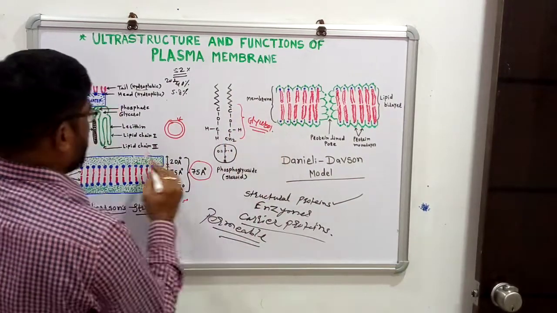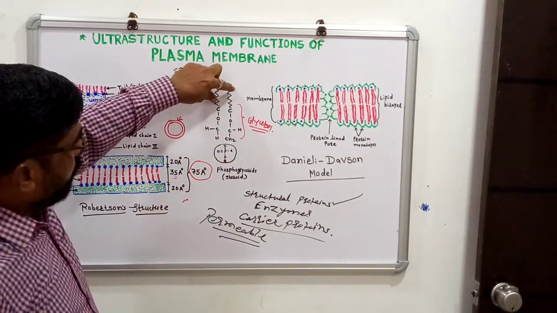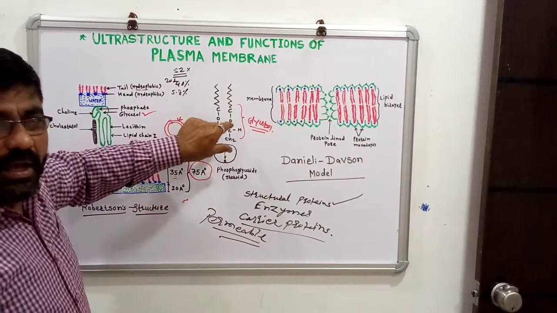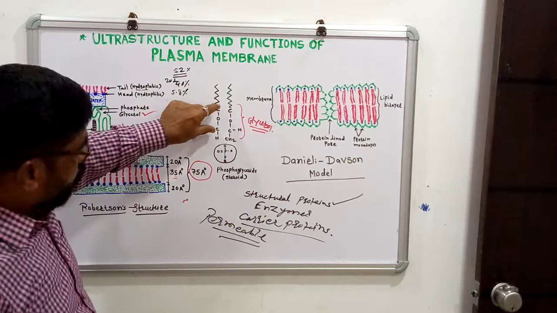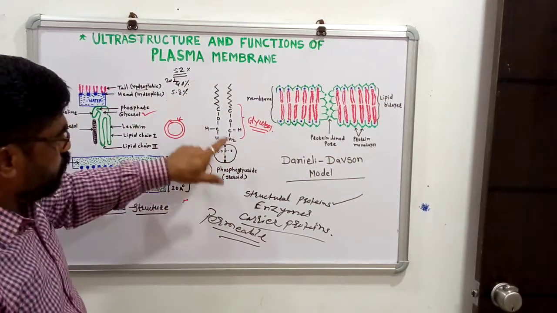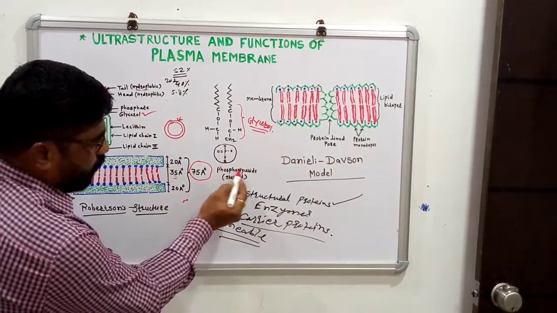There is a glycerol structure, and that glycerol structure will be attached with the fatty acid chains, and there is formation of glycolipid, and that glycolipid is again formed into the head portion also. It is the tail portion as well as the head portion, that is phosphoglyceride.